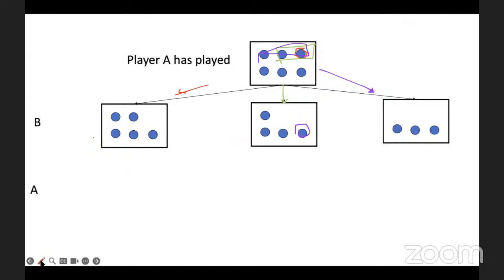Okay, could you tell me what you were thinking? So yeah, if A has taken 1 from the top row, B will take 1 from the bottom row. And if A has taken 2 from the top row, they'll take 2 from the bottom row. So the idea is to leave equal number of coins in each row. Exactly correct.